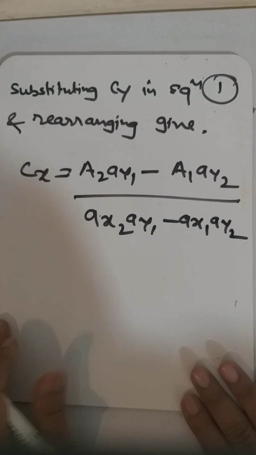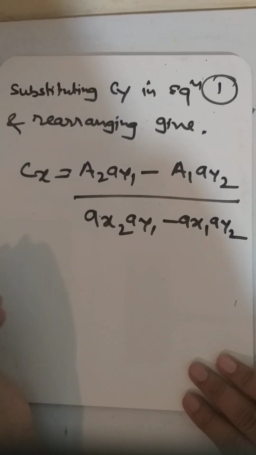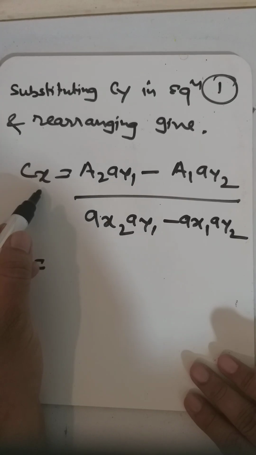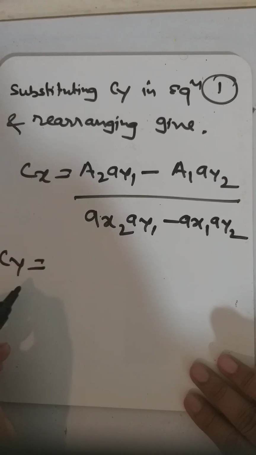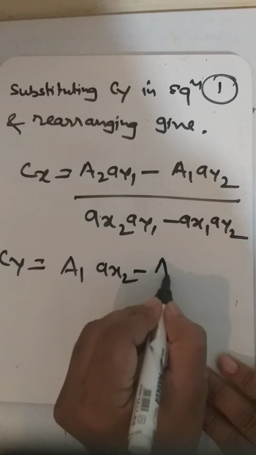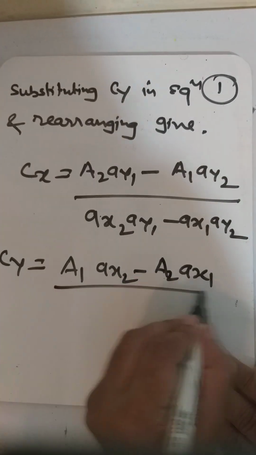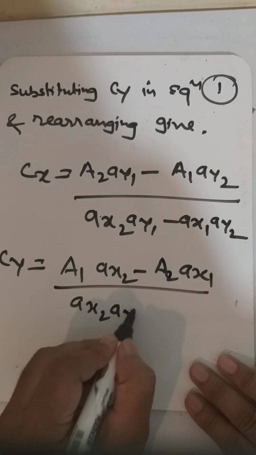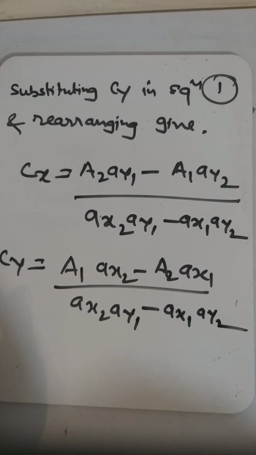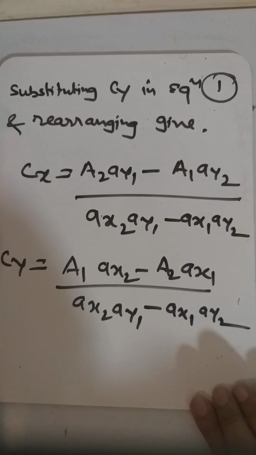So this is the equation for Cx. Okay. And Cx means the concentration of the X drug, Cy is the concentration of the Y drug. Keep in mind here X is the ibuprofen, Y is the paracetamol. And Cy is equal to A1 AX2 minus A2 AX1, divided by AX2 AY1 minus AX1 AY2. I hope this is clear to all of you.